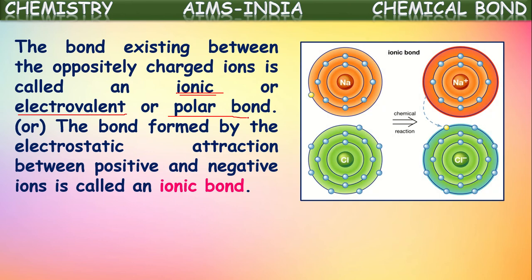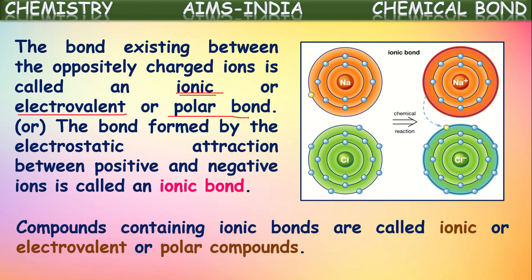See here, sodium and chlorine are combining together to form sodium chloride. Here, sodium forms a positive ion, whereas chlorine forms a negative ion. Oppositely charged ions are formed. The attraction between these two is called ionic bond. Compounds containing ionic bonds are called ionic compounds or electrovalent compounds.